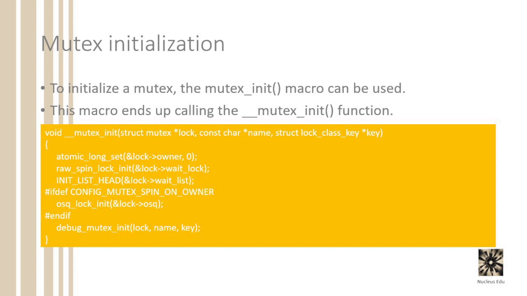We are not going to delve into the details of this particular lock, maybe in a future session, but we just have to understand that this lock is used to manage the waiting of the task which is trying to acquire a locked mutex.